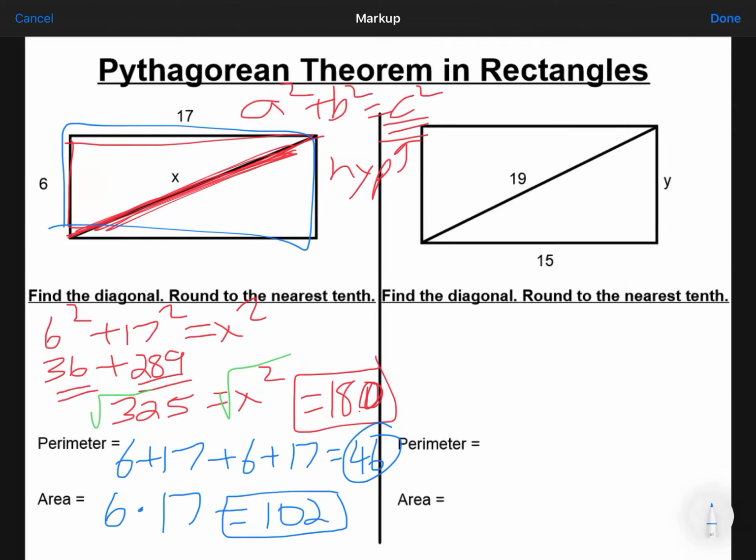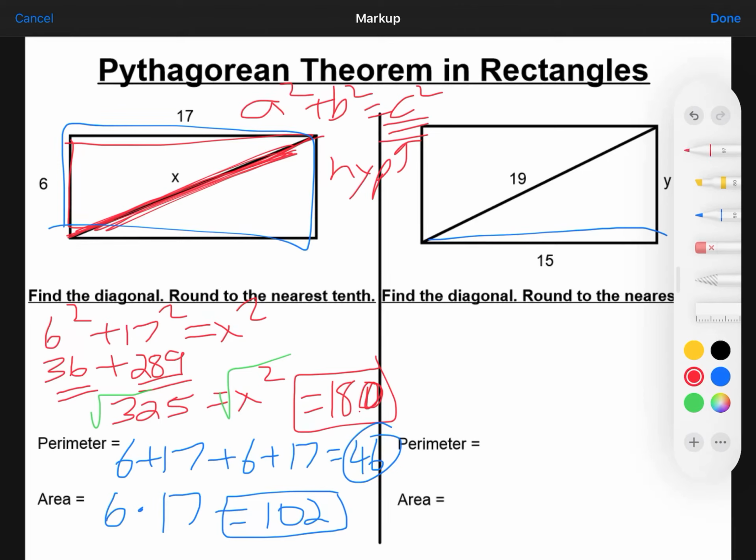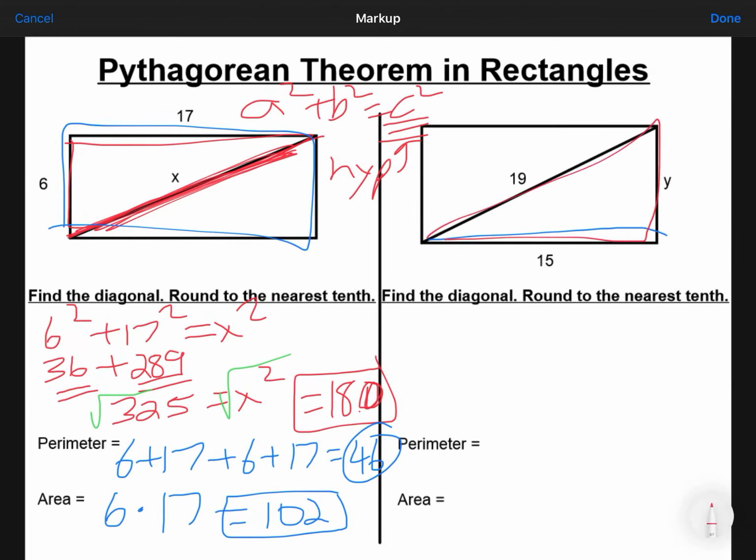As you can see in this next problem, it's the same thing with the Pythagorean theorem. We're going to have to do a squared plus b squared equals c squared. But remember, the diagonal is the hypotenuse, the longest side, that comes last. So we do 15 squared plus y squared equals 19 squared.